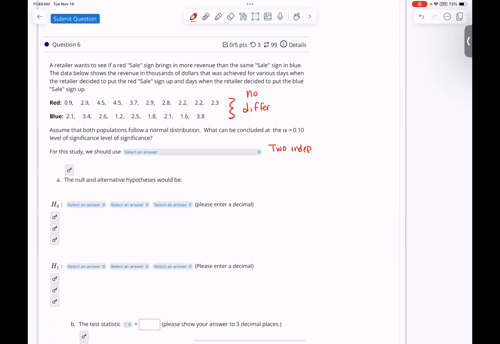I have to have the same number of data values in each group to do differences. So this is two independent population means, so we're going to do a two sample t-test.